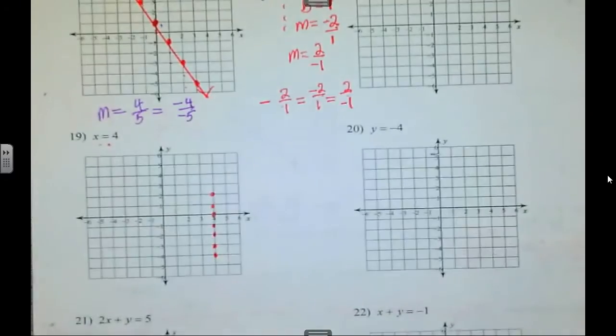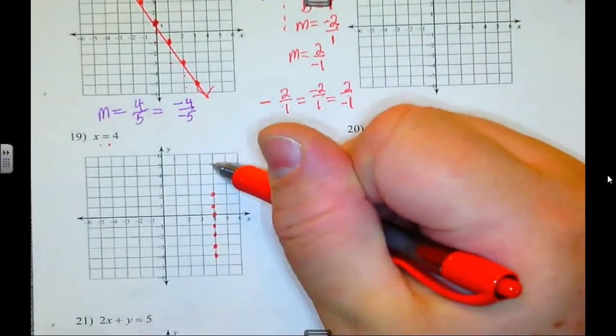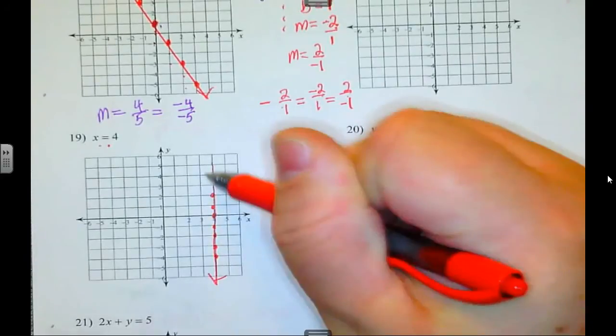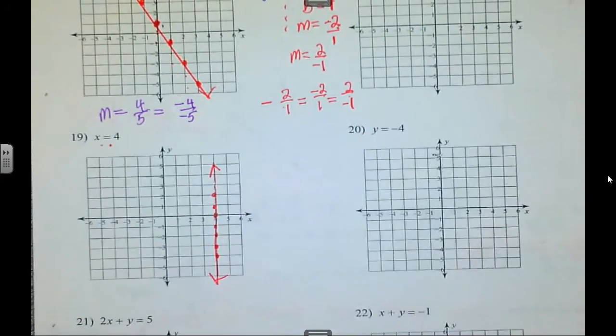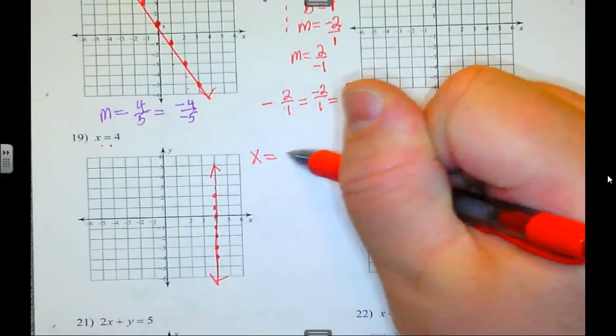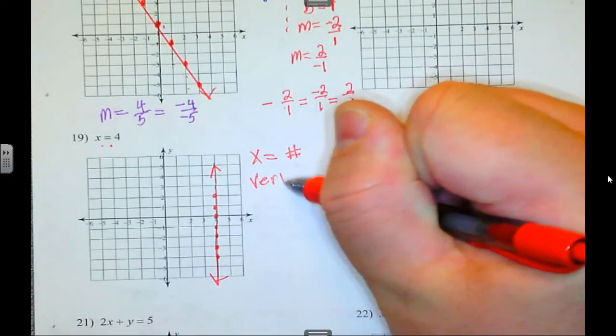So what kind of line do I have? Straight up and down, or vertical, right? So when I have x equals a number, it's a vertical line at that number.